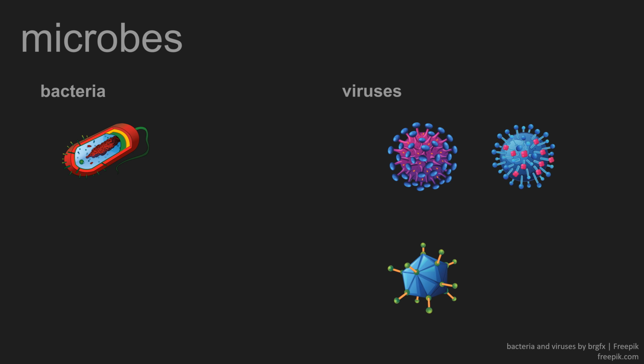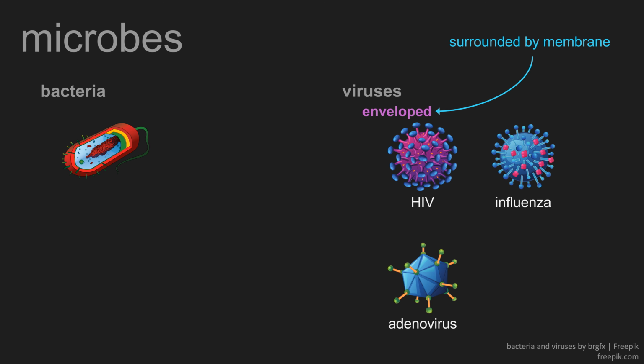Next, let's take a quick look at the targets of hand sanitization, the microbes. Bad bacteria, like E. coli, can cause stomach bugs. Bacteria cells have a lot in common with human cells. Viruses are much simpler and need other cells in order to replicate. You may be familiar with viruses like HIV, influenza, and adenovirus, although there are many varieties.